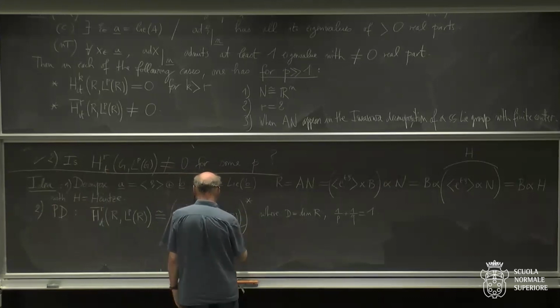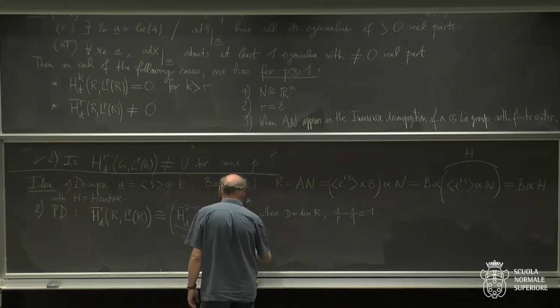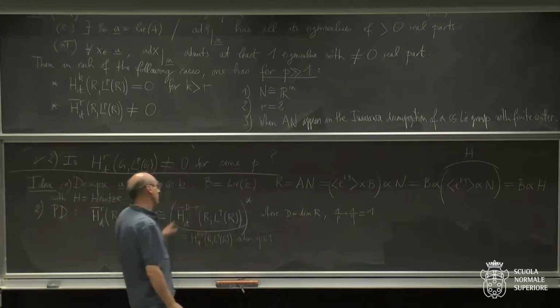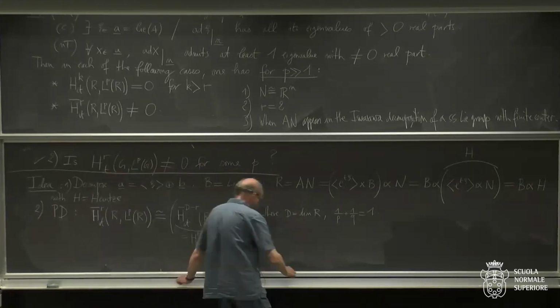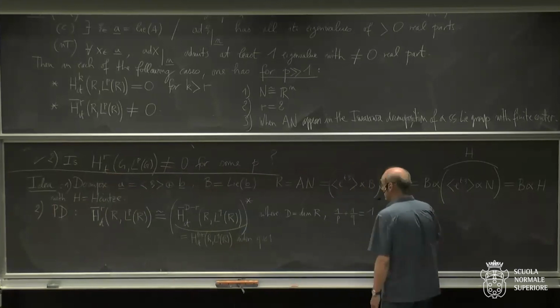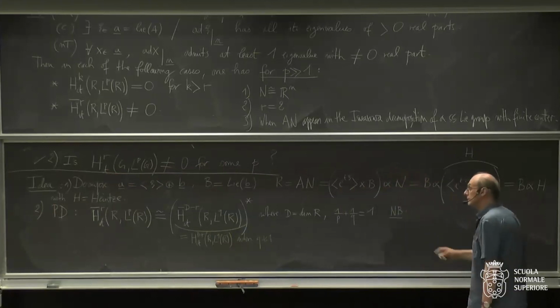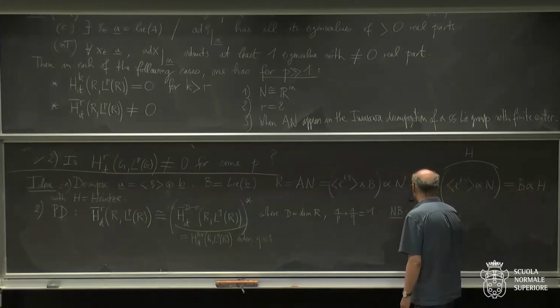And this happens when q is close to 1. So here one has to make some, so d minus r.